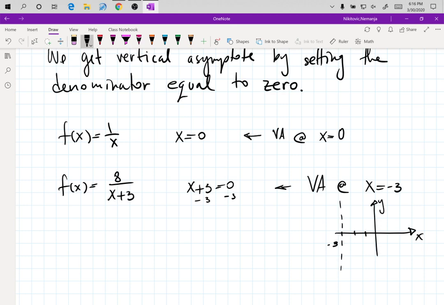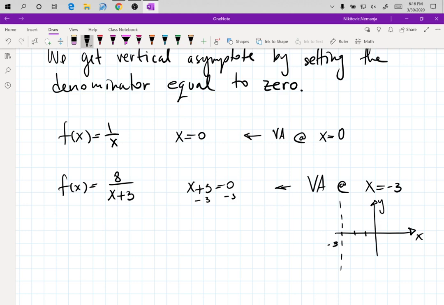So a vertical asymptote is really a value that you compute when you set the denominator equal to 0, and technically what it shows you is what x values you are not allowed to plug into the function, right?